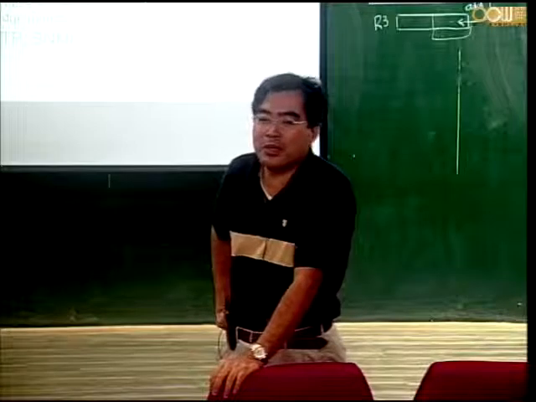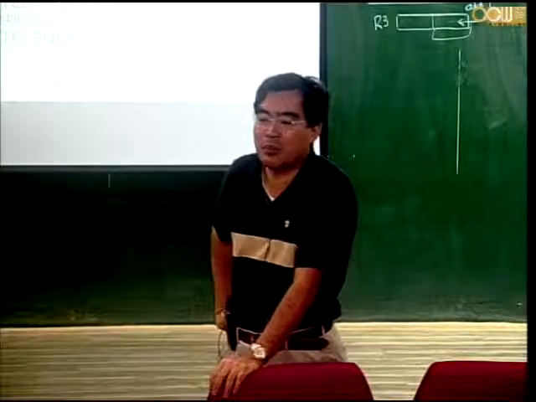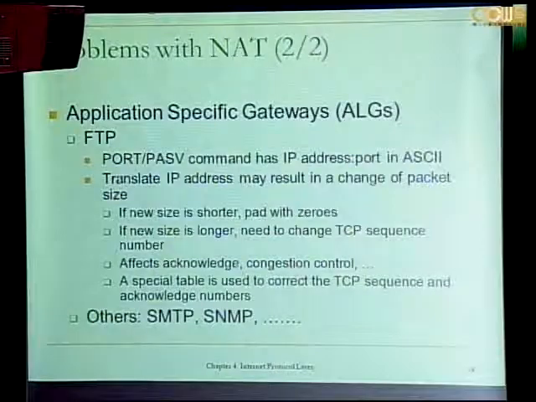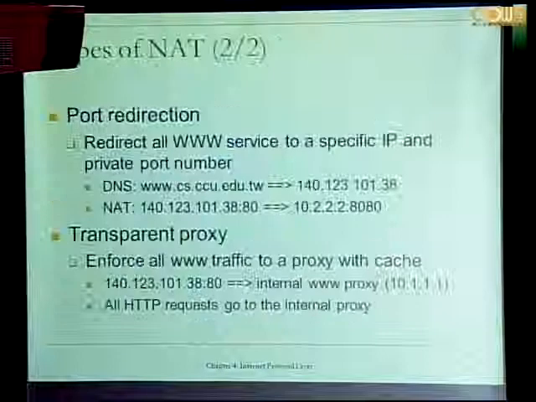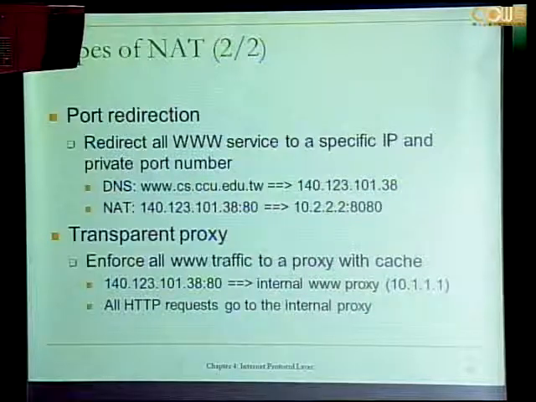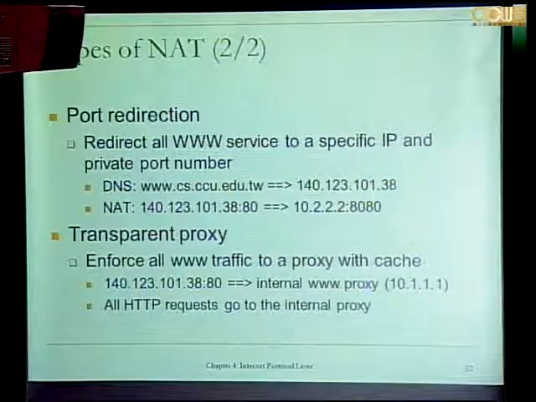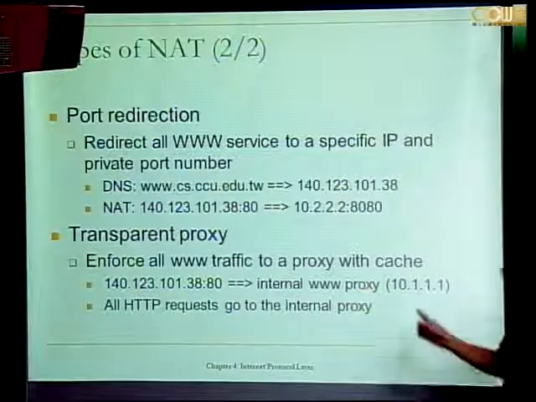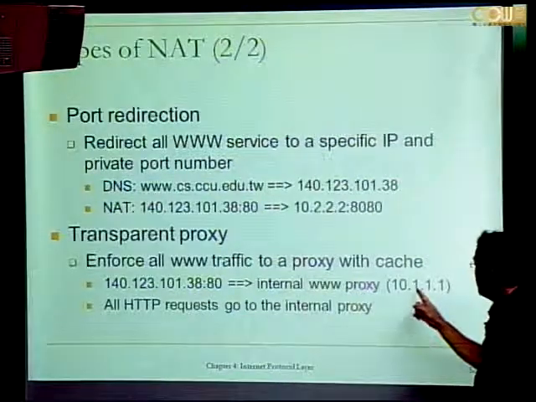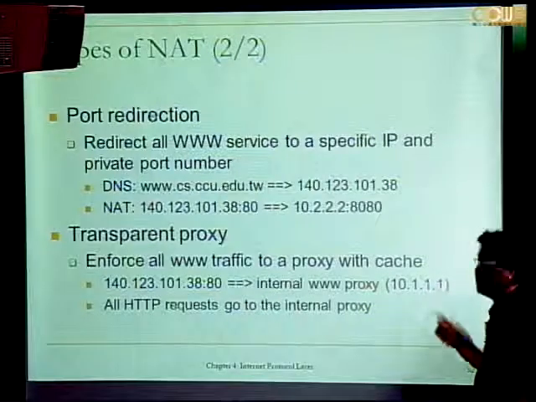But if the IP address is in ASCII, how many bytes would there be? If this is in ASCII, how many bytes? 1, 2, 3, 4, 5, 6, 7, 8. 8 bytes.